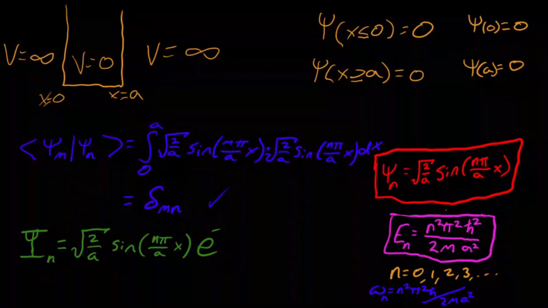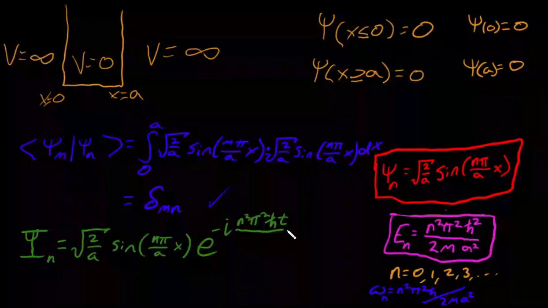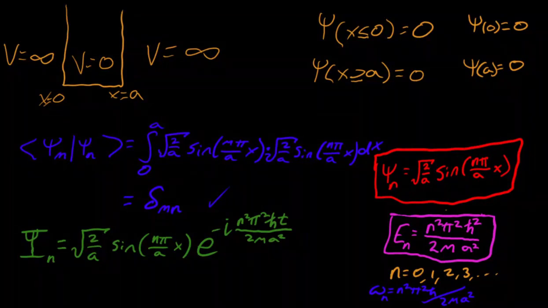We have e to the minus i omega t, so i n squared pi squared h bar t over 2 m a squared. So this is our complex exponential, and that is our solution to the time-dependent Schrodinger equation.